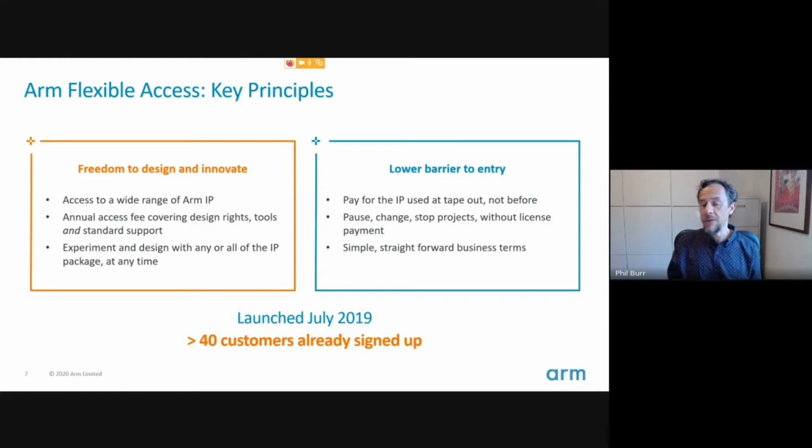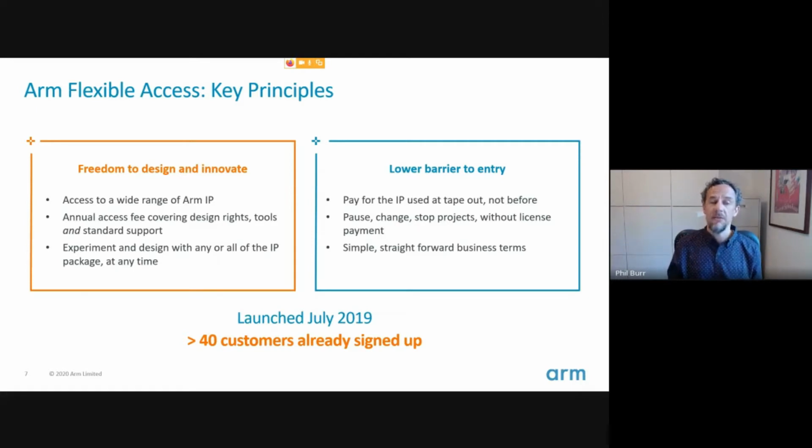That may not sound like that many, but in the silicon industry, that's pretty impressive. There are a limited number of customers who design silicon. It's still relatively expensive to do, so the number of people who actually design silicon is within the hundreds, and to sign 40 up to this is really good.